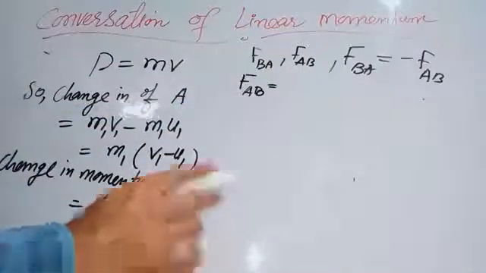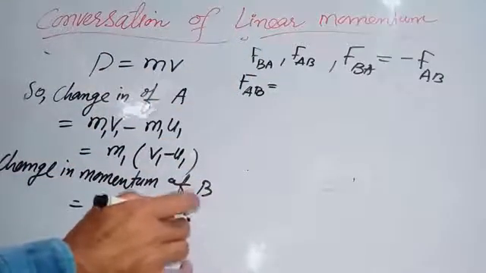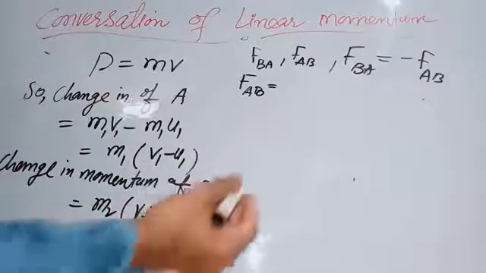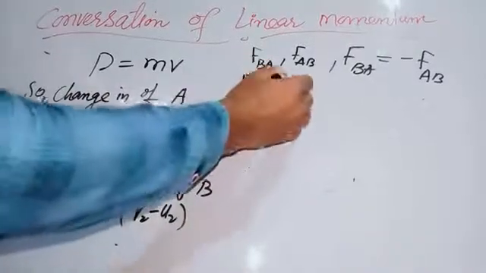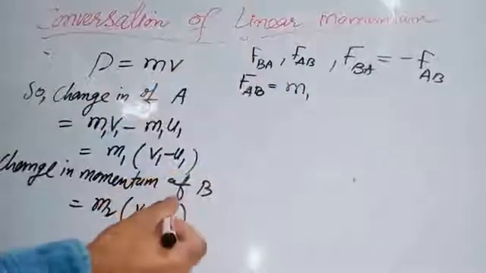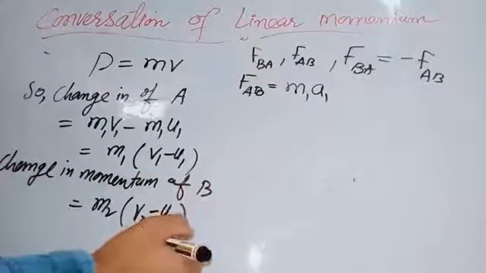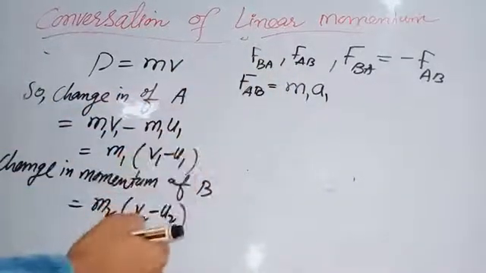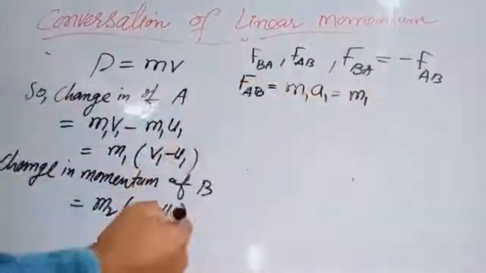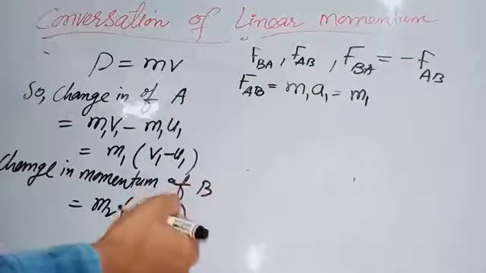This is the force imparted by A on B. The object A has mass m1 and its acceleration is a1, because F is equal to ma according to Newton's second law of motion. Acceleration is equal to change in velocity divided by time.